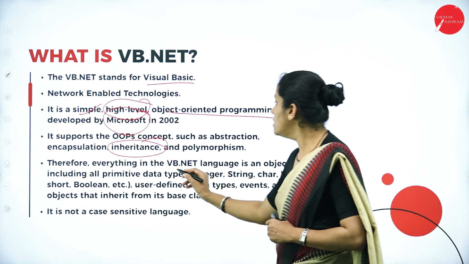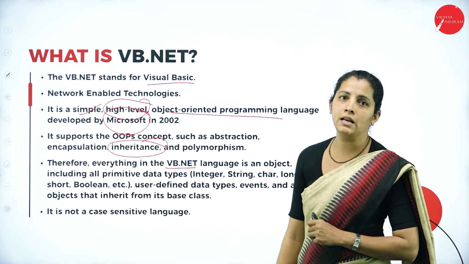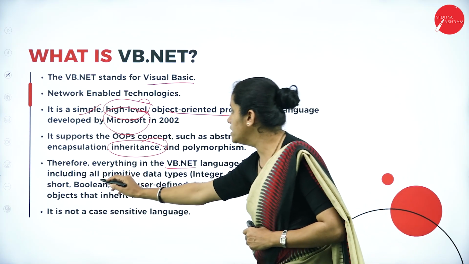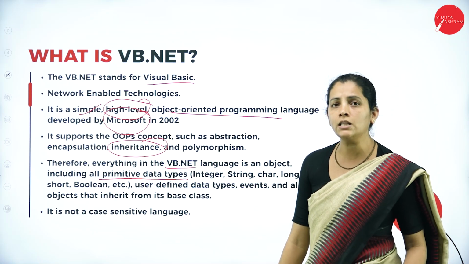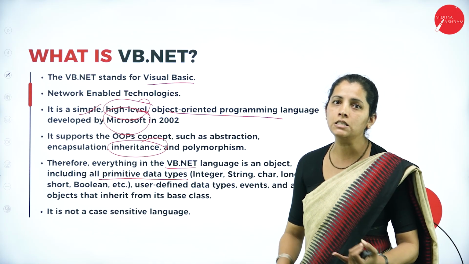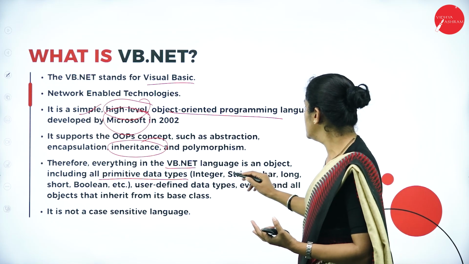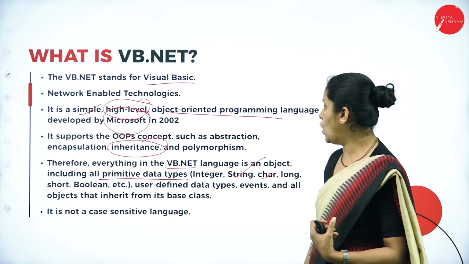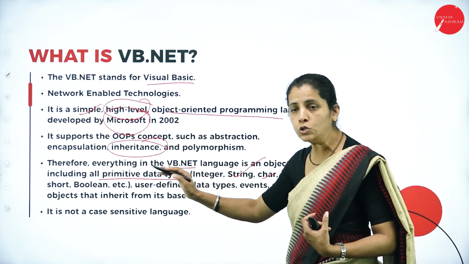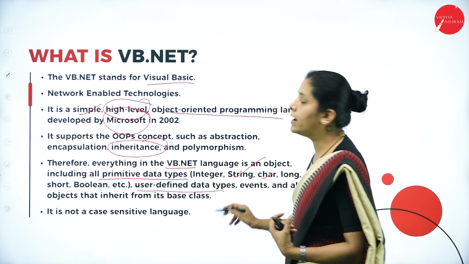Now, see here, the VB.NET programming language supports all the primitive data types. What are the primitive data types? We know that is integer, float, string, character, long, boolean, and so on. Along with that, it also supports user-defined data types.